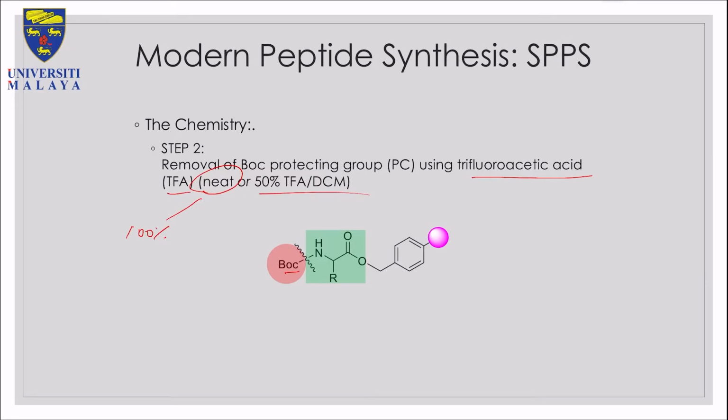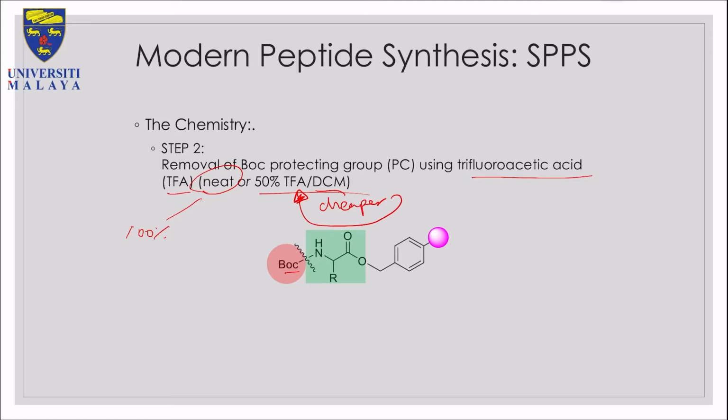Of course, when you do a reaction, towards the end of the day you need to consider how industry will adapt the reaction. And industry is always about capitalism, and capitalism is always about money. Similarly, what we see here is that DCM is a widely used solvent, so it is cheaper than TFA. TFA is a fluoride.